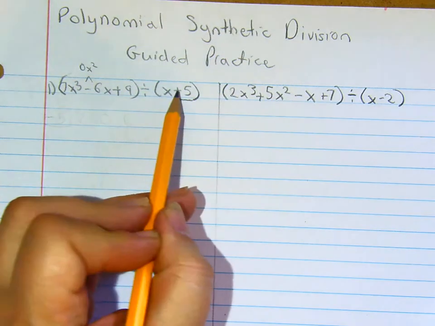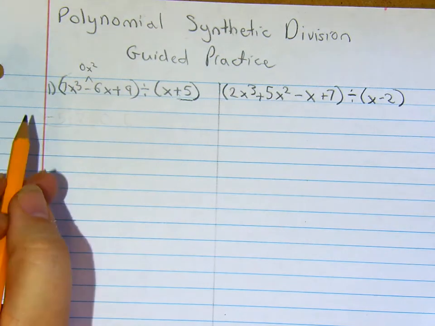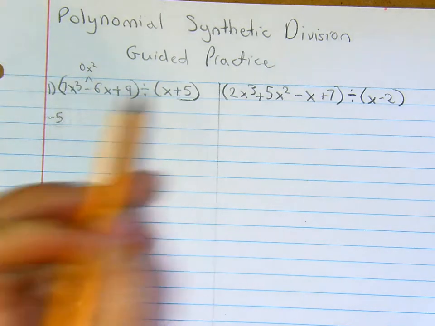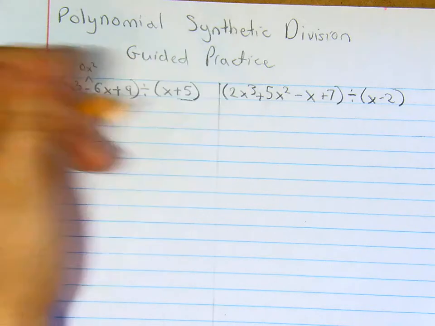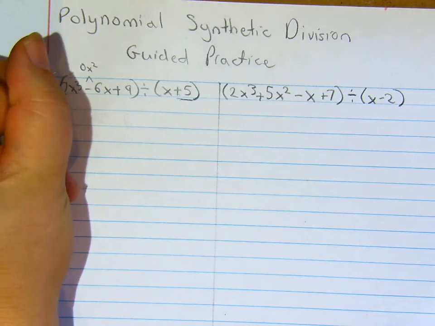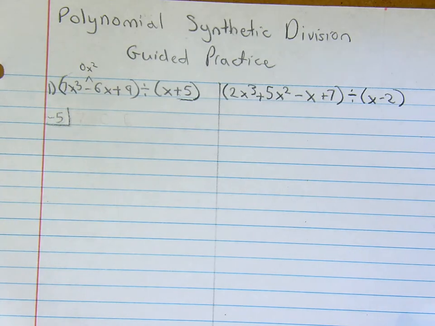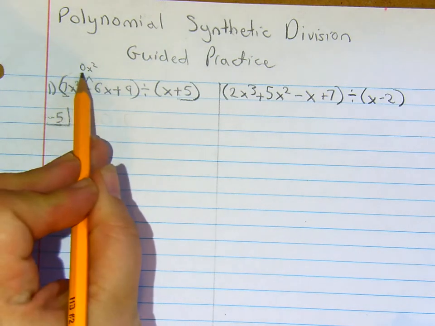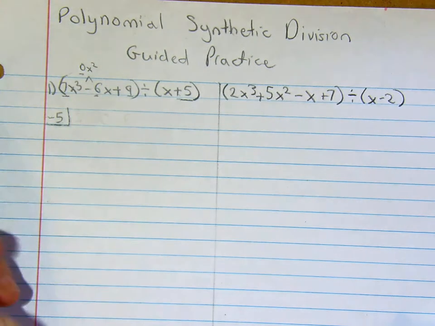And let's get our initial setup. So opposite and our value. So this is what you can be doing with that problem on that side. We're going to draw our little box to set up our synthetic division. And then I'm going to start taking my coefficients.